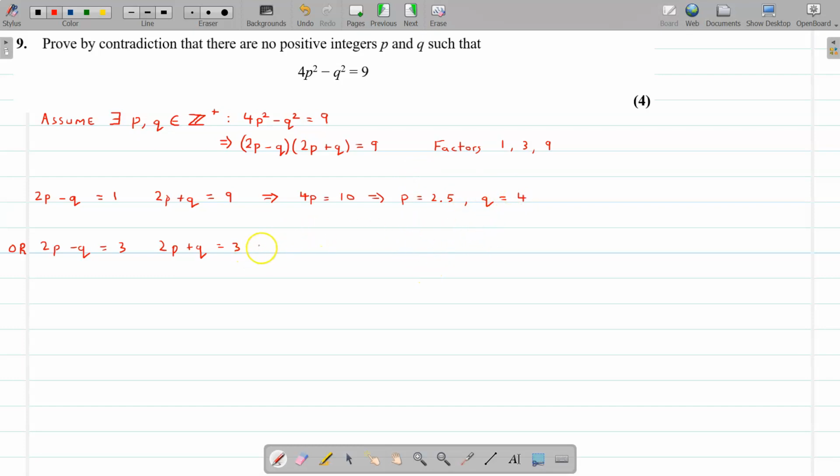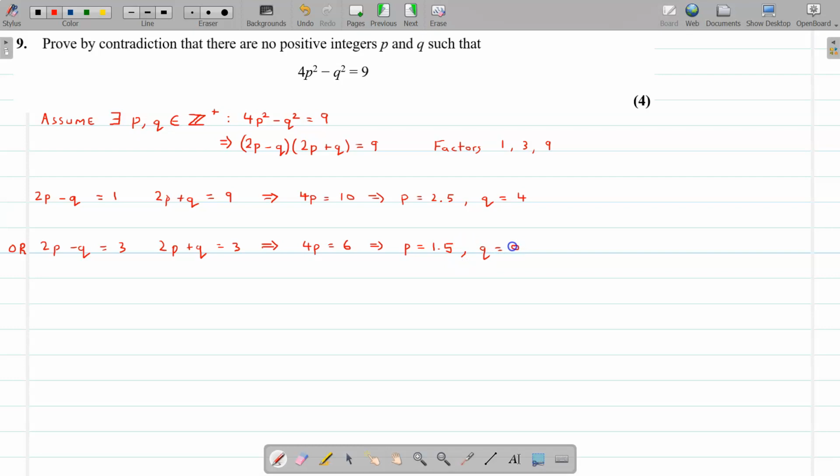Now, we look at the other scenario here. If to eliminate q we add them together again, we would get 2p plus 2p, 4p, would have to equal 6, which means that p would have to equal 1.5, and q would have to equal 0.